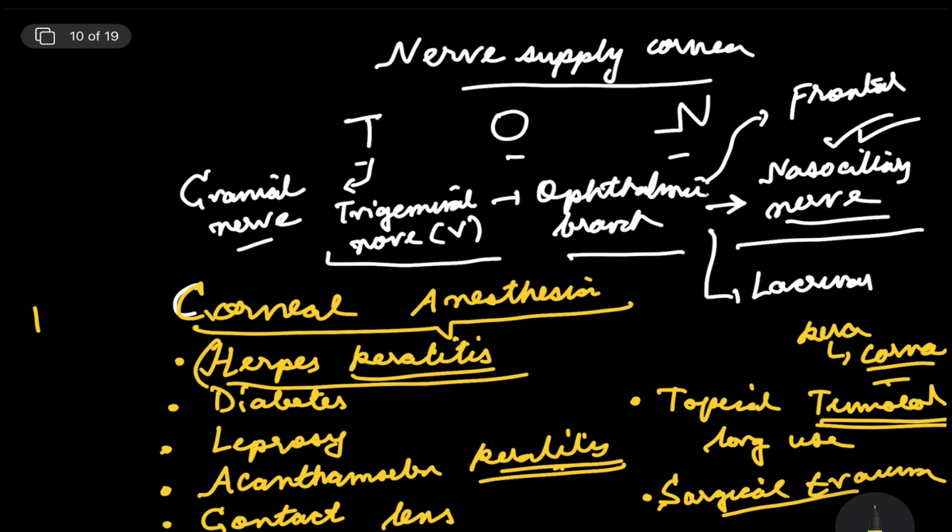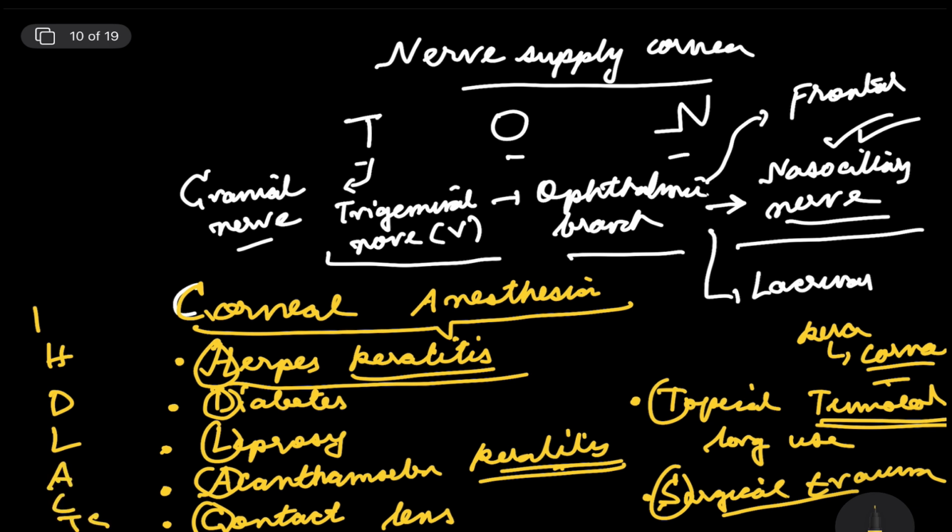So if I take all the first letters, what do I get? H, D, L acts, right? HDL acts. HDL, you know, LDL, HDL, VLDL, high density lipoprotein, all of that. So HDL acts. This is the mnemonic for causes of corneal anesthesia.